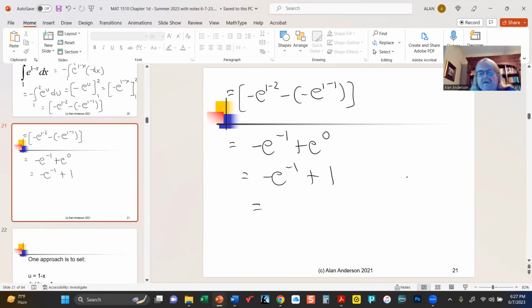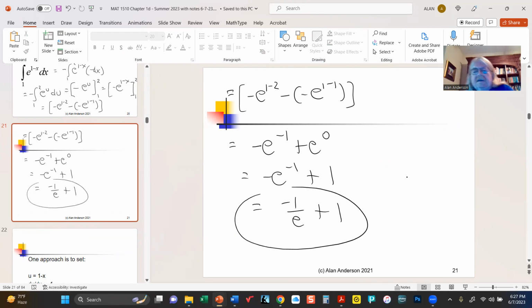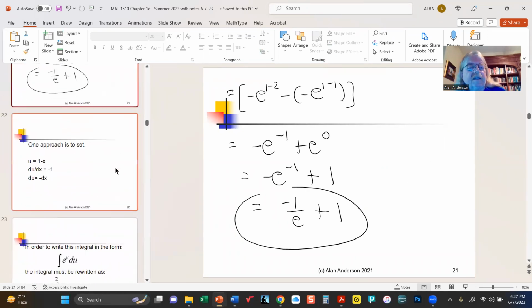And if you want, you can rewrite this as -1 over e plus 1, because e to the -1, of course, is 1 over e.